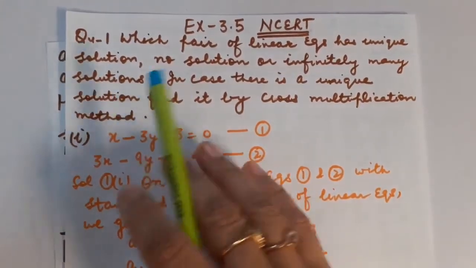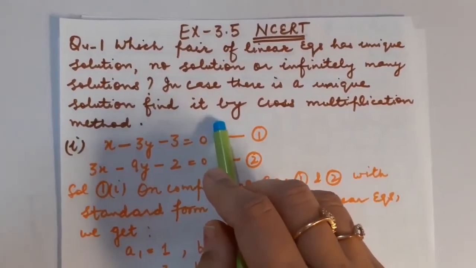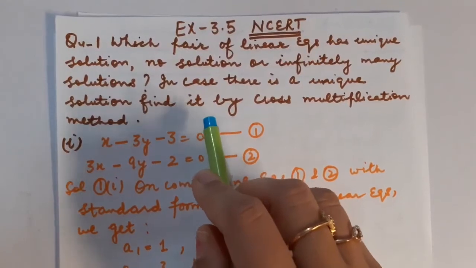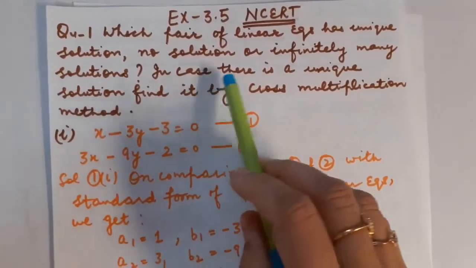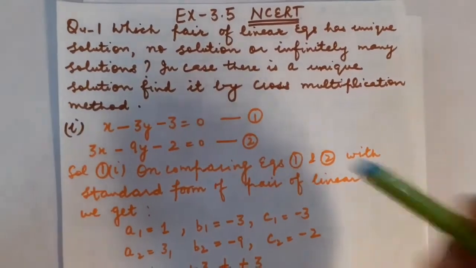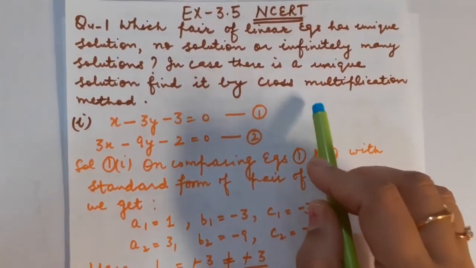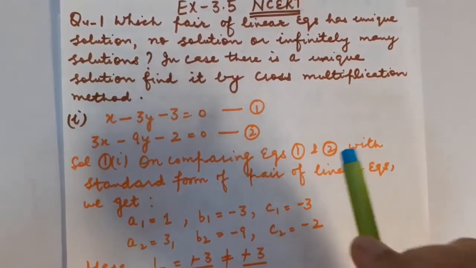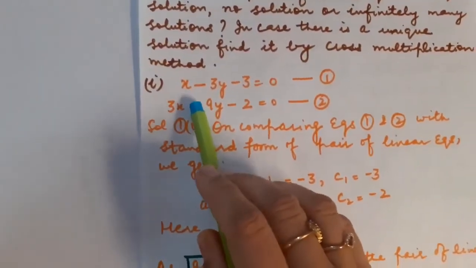For infinitely many solutions, you know that the lines will coincide with each other and the condition satisfied will be a1 upon a2 is equal to b1 upon b2 is equal to c1 upon c2. Now in case there is a unique solution, whenever a unique solution exists, then you have to apply the cross multiplication method to calculate the values of the variables present in those equations. Correct? So this is the first question, first part.